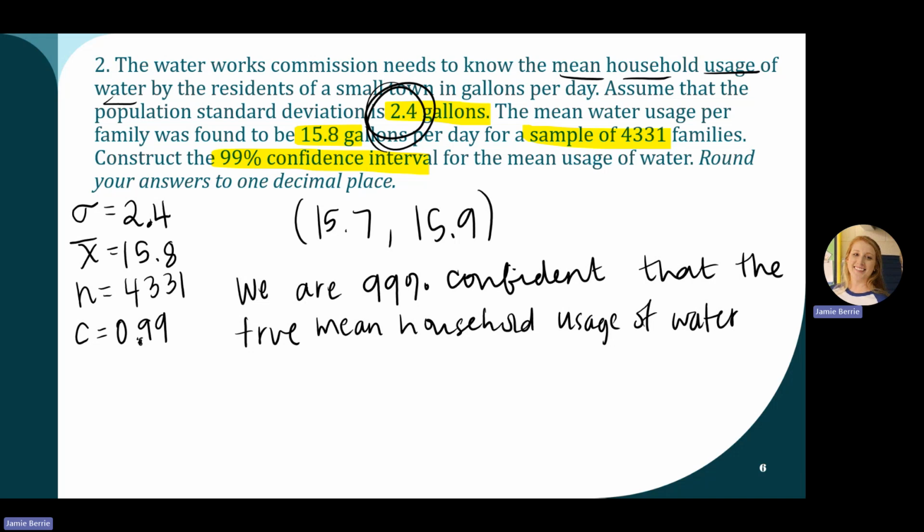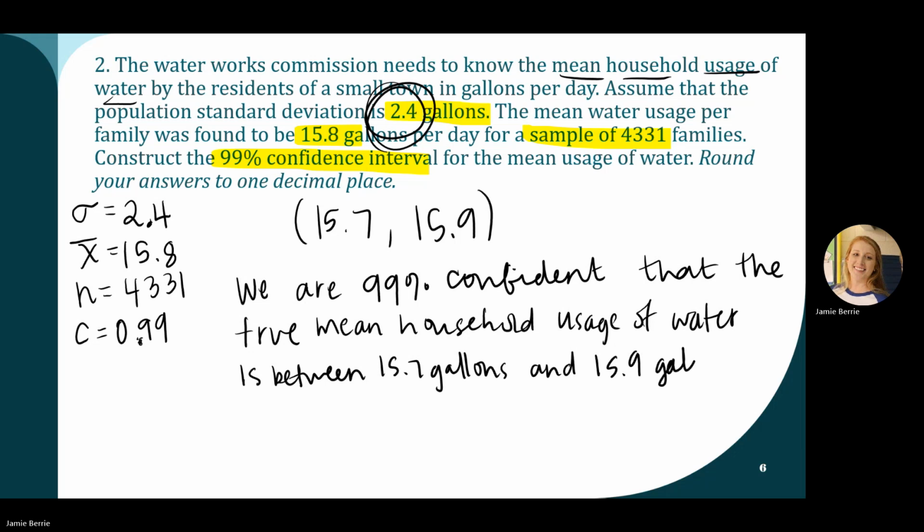So we're 99% confident that the true mean household usage of water is between our two numbers, 15.7 gallons and 15.9 gallons. And I guess we could say per day. That's a little bit more specific and gives you a little bit more information.